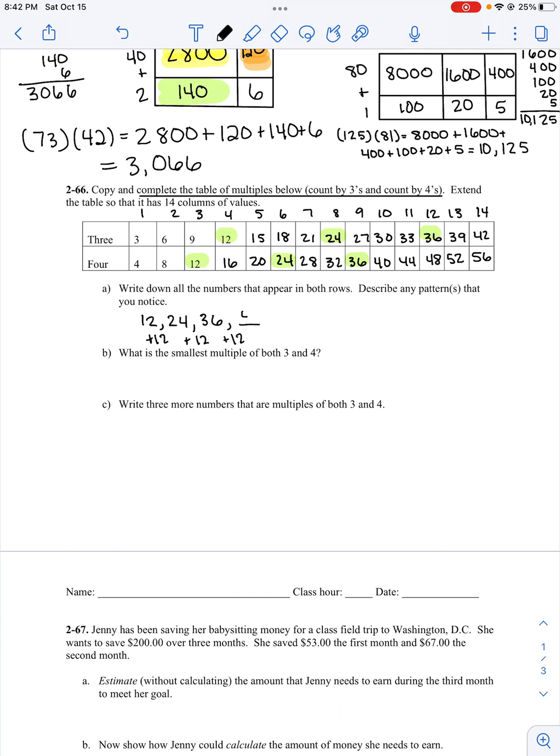If I were to continue it, my next one would be 48. So the pattern that I notice is that it's growing by 12.